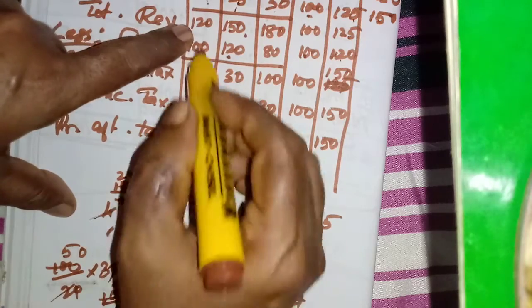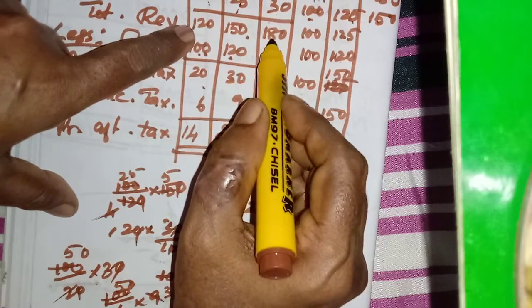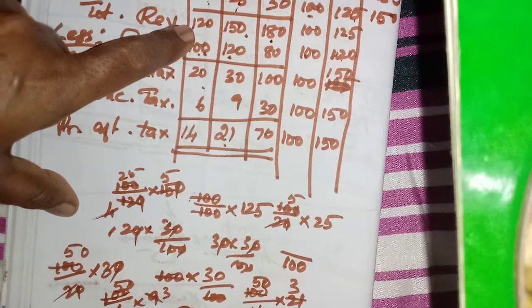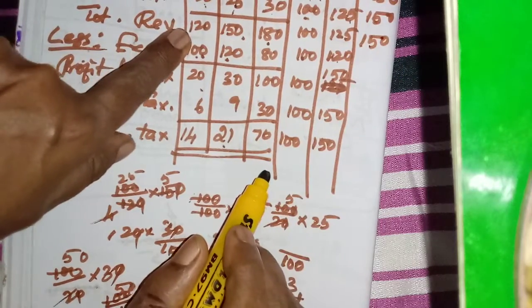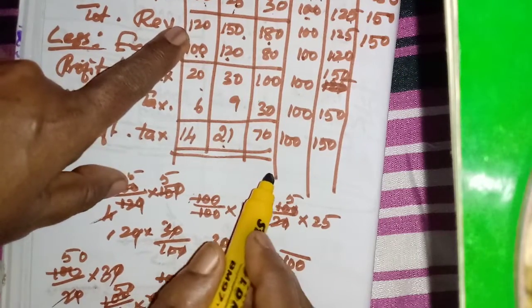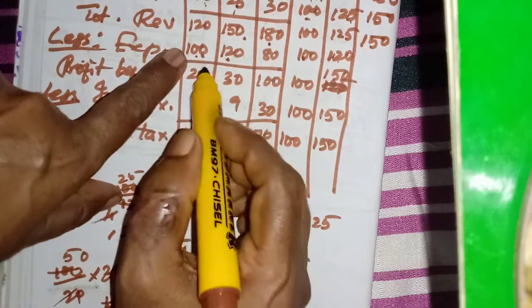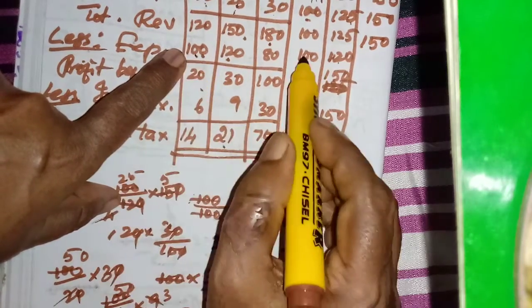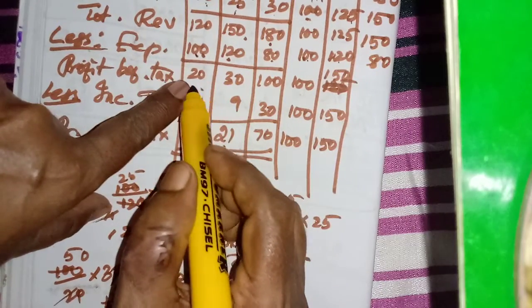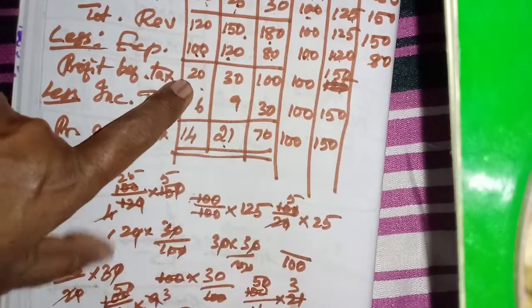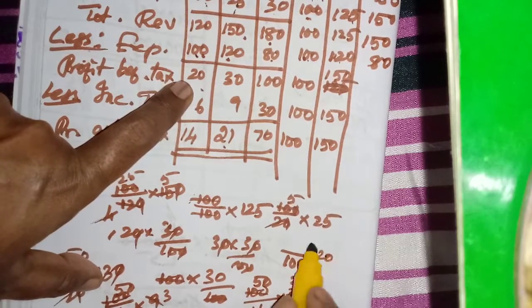For 120, 100. So for 180, 10. Then 6. Here 2 6, 3 6. Again 2, 50. 50 into 3, 150. Then here you see for 100, 100. So for 80, 80 only.